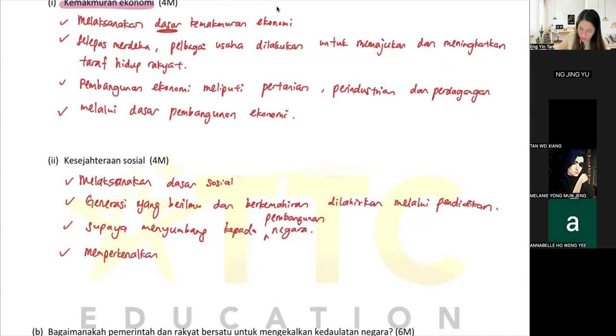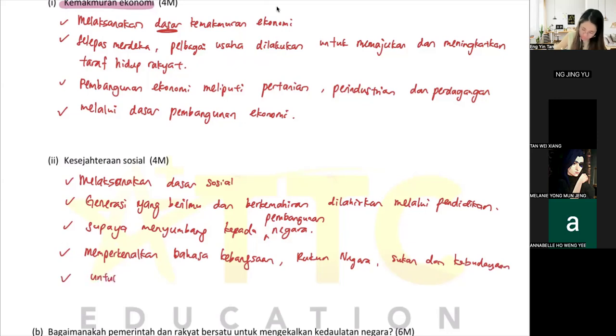You can say the government memperkenalkan bahasa kebangsaan. Correct? And what else? Rukun negara. Sports. And culture. To promote memupuk persatuan kaum.